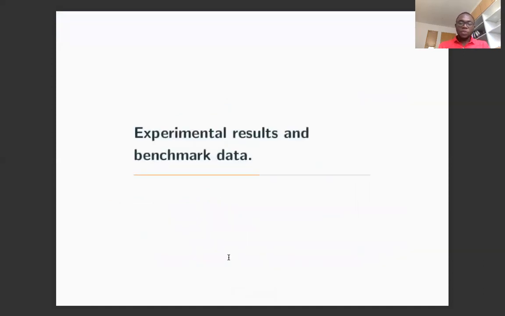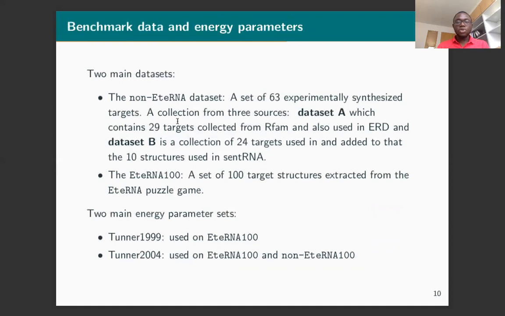So to assess the performance of our tool, we use two benchmark data sets: a non-Eterna benchmark data set and an Eterna data set. The first one is a set of 63 experimental target RNA secondary structures collected mainly from Rfam, and the second one is collected from Eterna genes online.